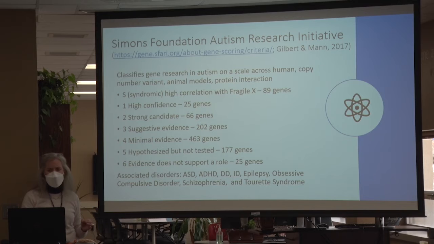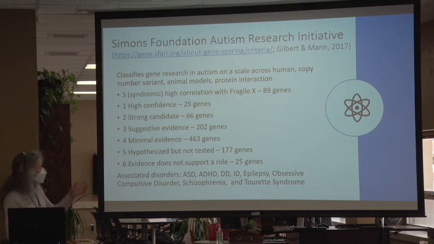The Simons Foundation Autism Research Initiative is taking a look at genes, and you can see, at least right now, what's being studied. High incidence syndromes, particularly Fragile X. So they have 25 genes that they feel are highly confident to be associated with autism, and then you can see as it moves on down, there's a number that have not yet been measured.